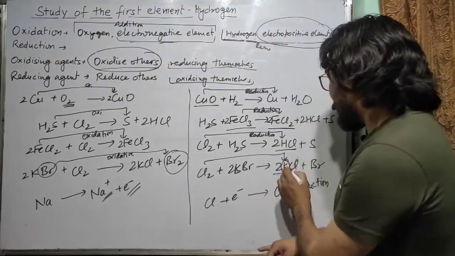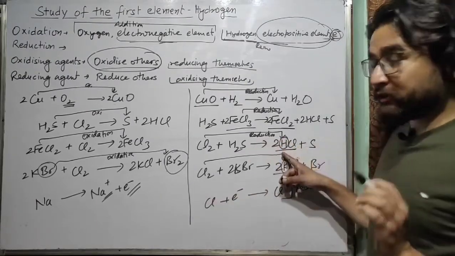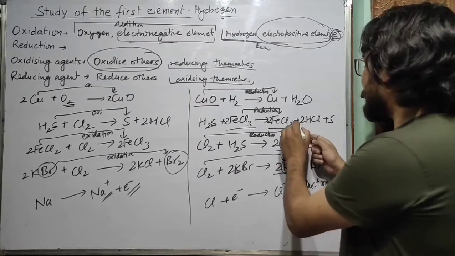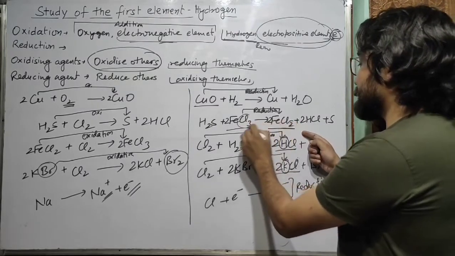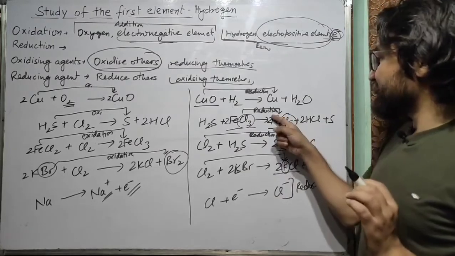Addition of electropositive element is reduction. Then addition of hydrogen is also reduction. Removal of electronegative elements, you can see from FeCl3 to FeCl2 one chlorine atom is removed, so this is reduction.